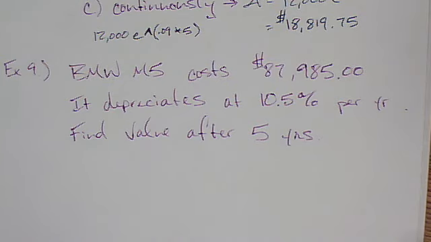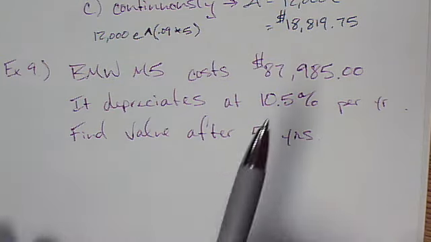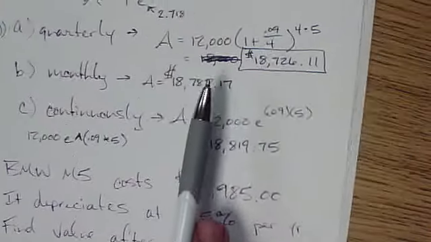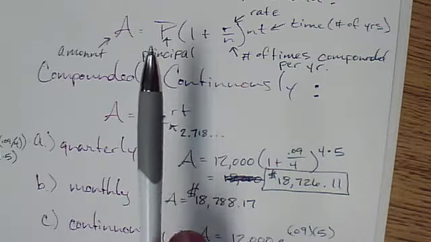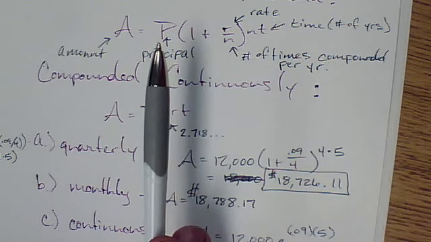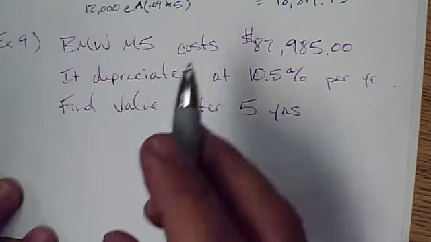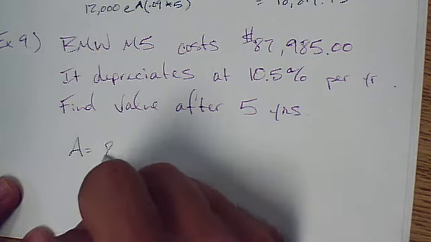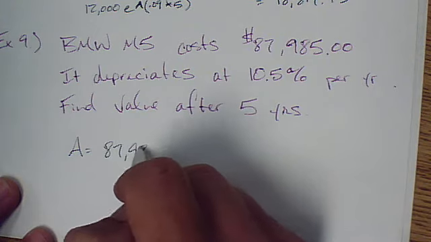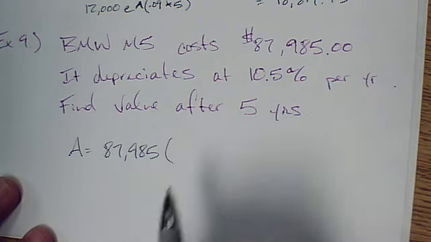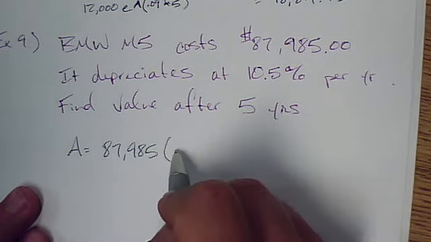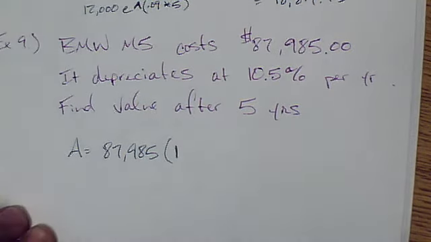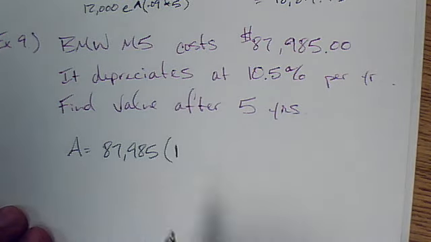So the way you would set this up is the same way with the formula earlier. We started with the principal being the initial amount. Okay, we're going to do the same thing here. We're going to start with the initial amount. So you can say A equals whatever. The initial amount is $87,985. We're going to open parentheses. Everything works off of 1, meaning 100%. Because this car depreciates, I need to subtract from 100%.